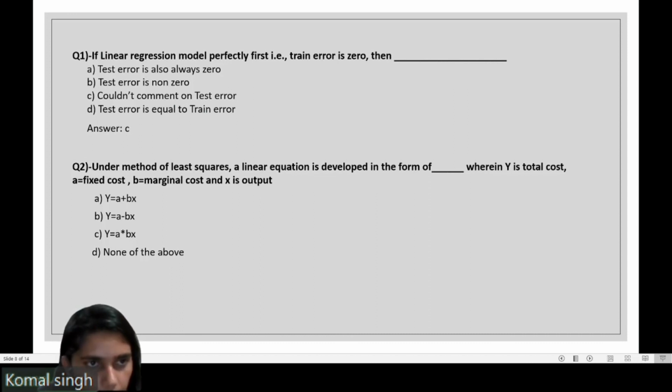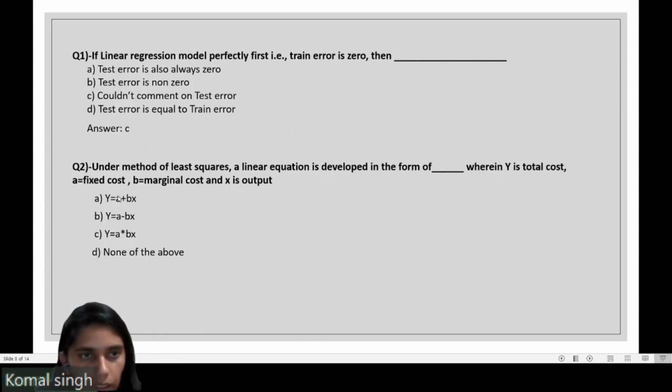Here is the next question. Under the method of least squares, a linear equation is developed in the form of dash, wherein y is the total cost, a equals fixed cost, b equals marginal cost, and x is output. So here we get to know that a is a fixed value, that means it is the initial intercept.